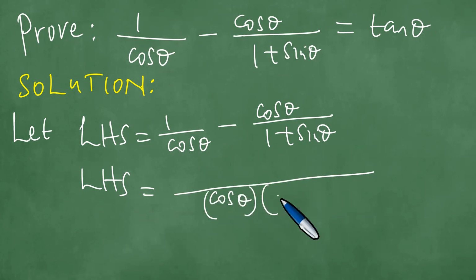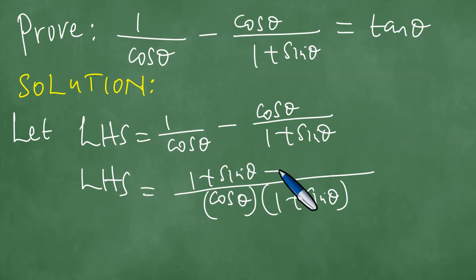So which is this into 1 plus sine theta. So you have this divided by cosine theta times 1 plus sine theta. So cosine times cosine is cosine squared. So you proceed now with the left-hand side.